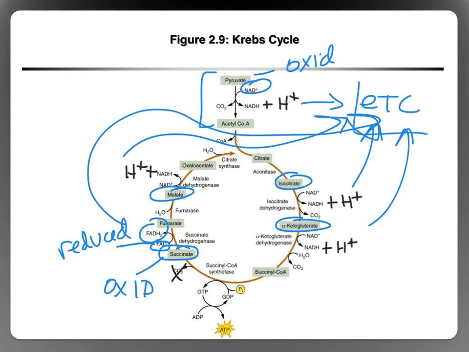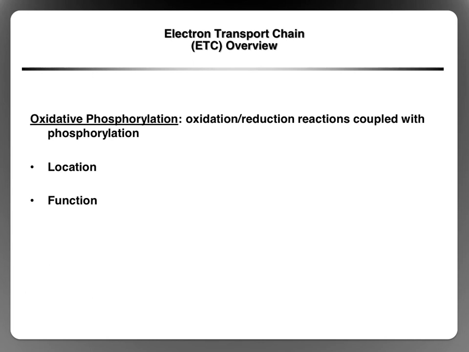And that's what we're going to talk about next. What happens when FAD and NAD arrive at the electron transport chain with those electron and hydrogen pairs? Okay, so electron transport chain, sometimes referred to as oxidative phosphorylation. Okay, so we've got some oxidation occurring. Remember that oxidation is losing.